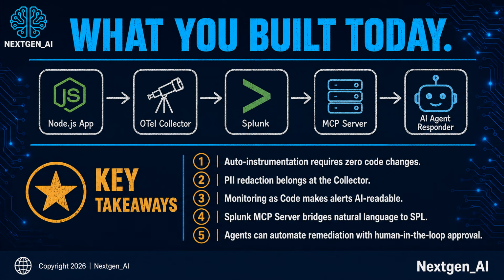You defined your alerts as code using monitoring as code principles, making them version-controlled, testable, and AI-readable. You installed and configured the Splunk MCP Server, enabling an AI agent to query your observability data using natural language. And you explored the Claude Managed Agents pattern for autonomous incident remediation with a human-in-the-loop approval gate.